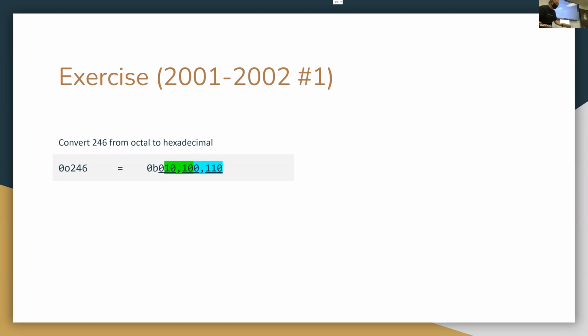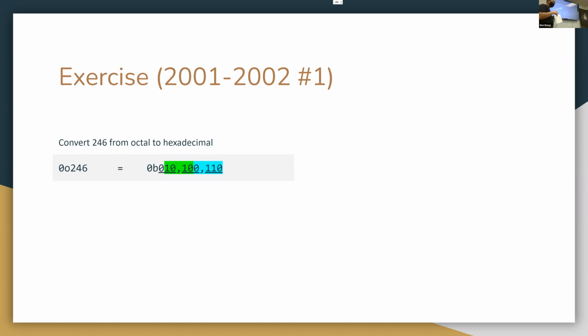If I have a digit here that's 247, then the 7 maps to 111. Remember I said earlier, those are the facts that you have to remember. And if you don't remember, it's not that hard. You can write it down.